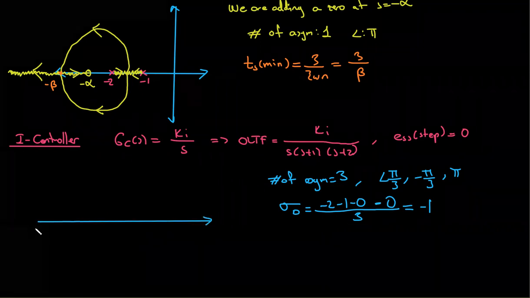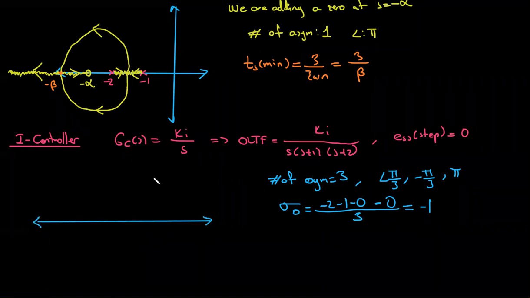So when Ki is changing from 0 to infinity, let's see what happens with the I controller. So let's have a look at the open loop poles. I have open loop poles at the origin. One of them is here. One of them is at -1 here. Let's say -1, and another one at -2.